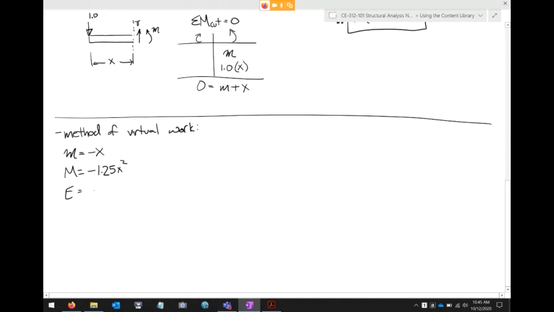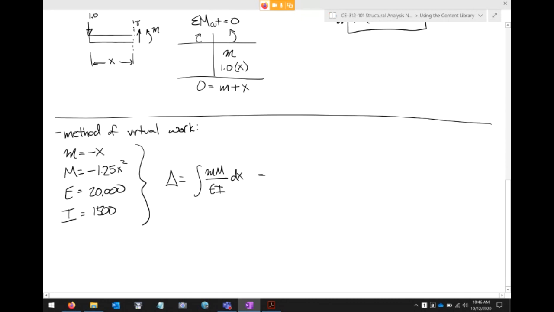We have an E value of 20,000, and we have an I value of 1,500. So what we do then is we say that the deflection is the integral of little m M over EI. And so let's evaluate that.